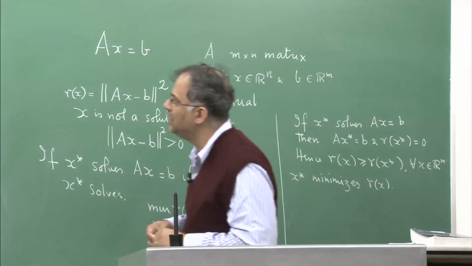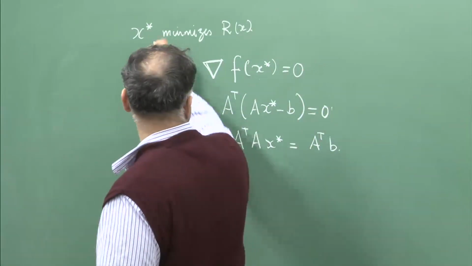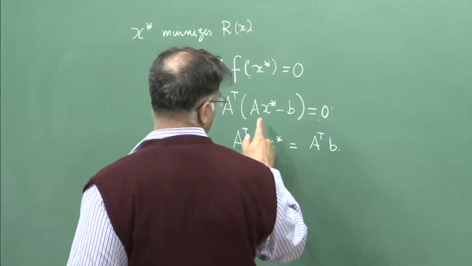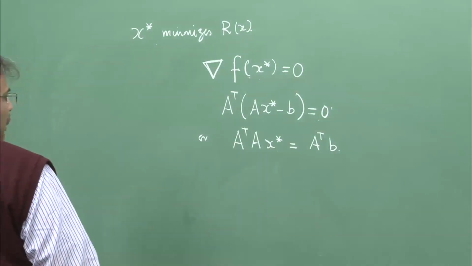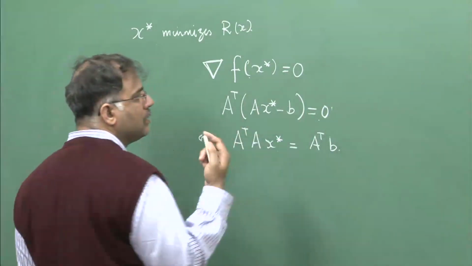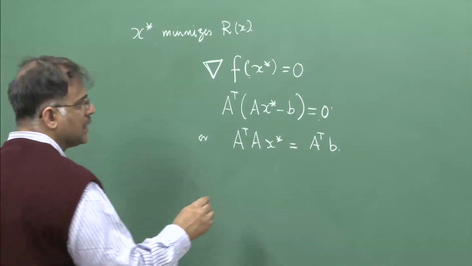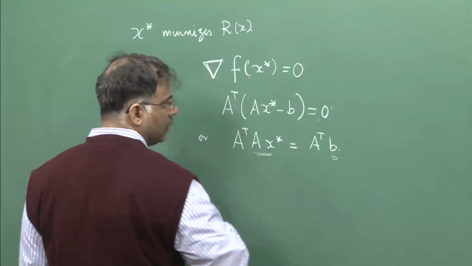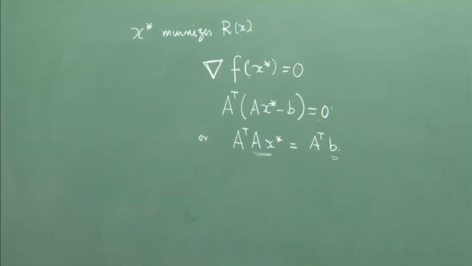What I have found here is actually a critical point. If this happens, then can I say here that A x star is equal to B? From this, can I say that A x star is equal to B, which looks quite clear.